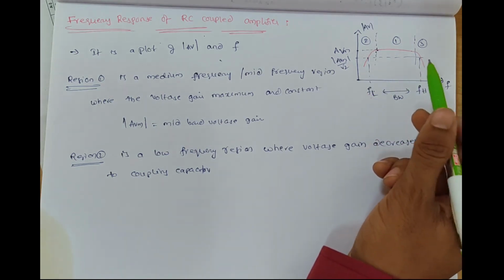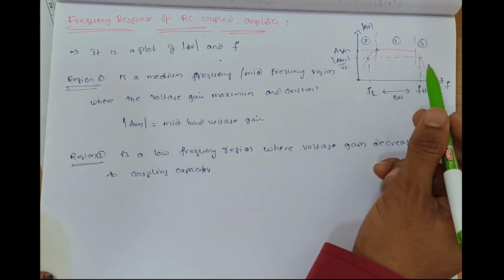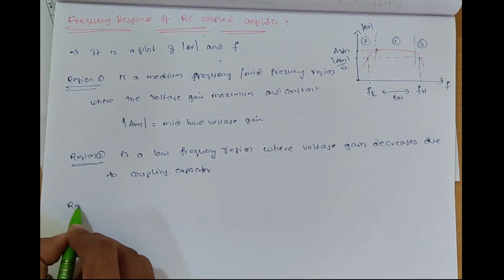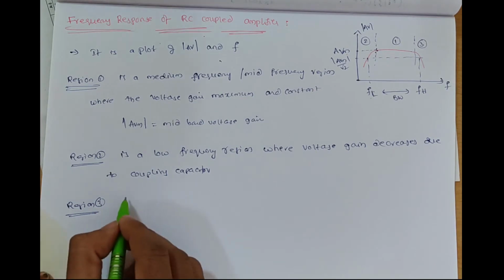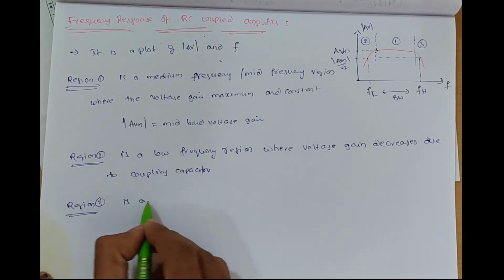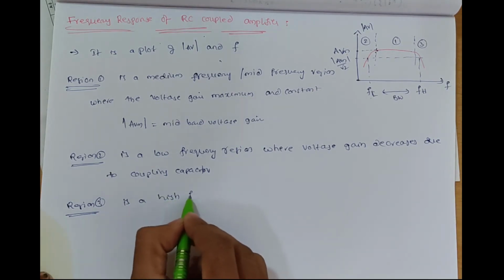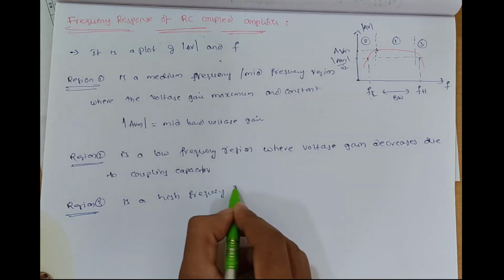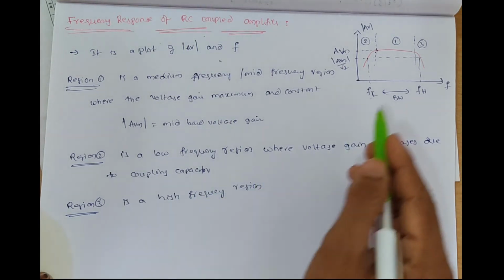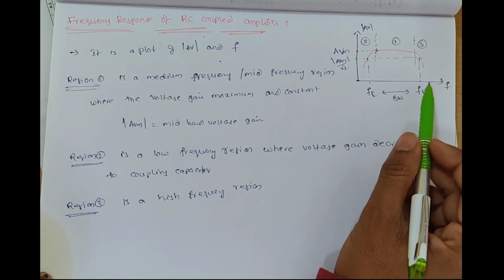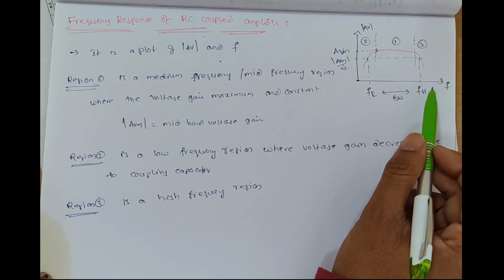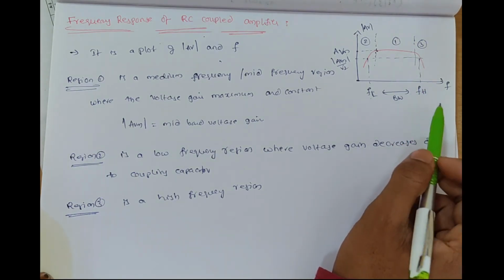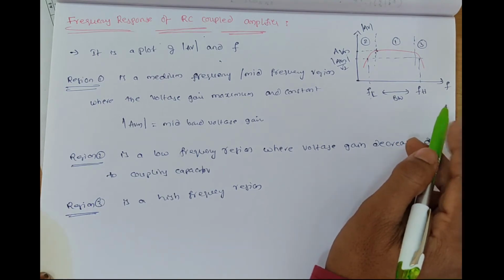Yes. Next, here region 3. This region 3 is a high frequency region where voltage gain decreases because of small capacitors such as shunt capacitor and internal capacitance of BJT.